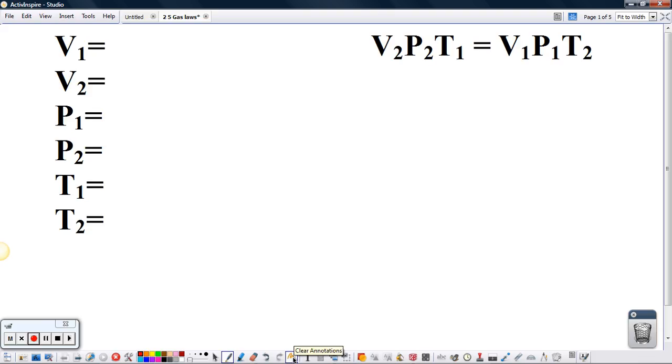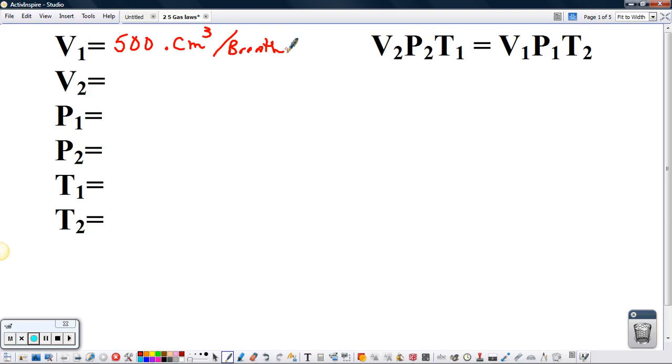So this next one is a fun problem. Assume the respiratory rate of a person is 15 breaths per minute, and one breath contains 500 centimeters cubed of air at 20.0 degrees C. So I have one breath at 500 centimeters cubed, and that is per breath.